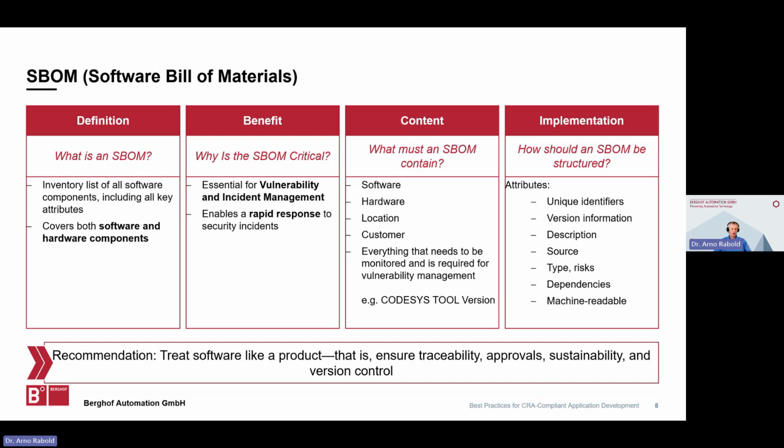Software is like a project. You have to ensure traceability, approvals, sustainability, and version control. So you have to take care and go on with proper tooling to achieve all these levels.